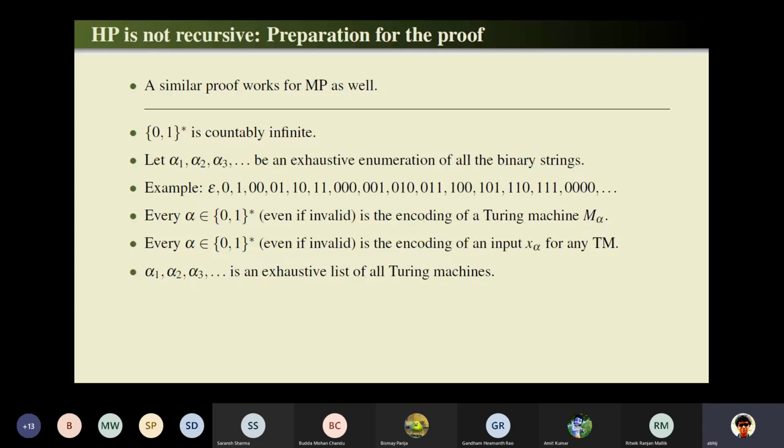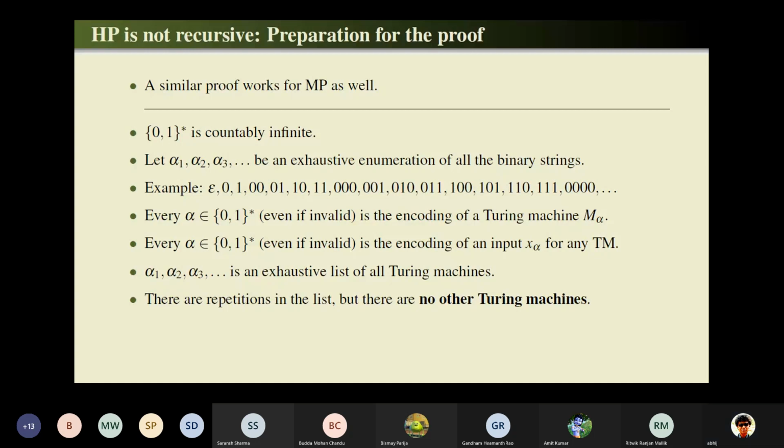Not necessarily uniquely, but that doesn't matter. There are repetitions in this list, but the important thing is that there are no other Turing machines. Agree or not?